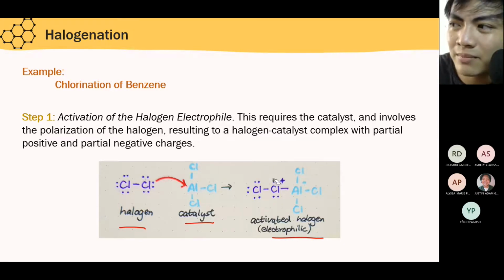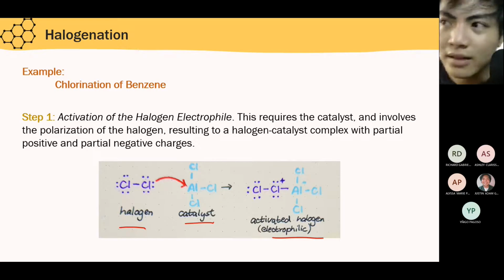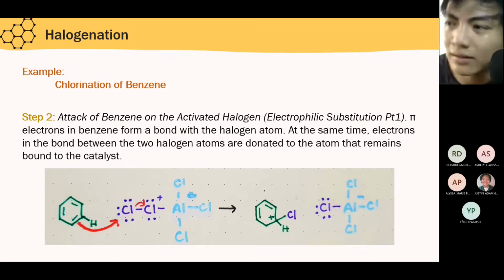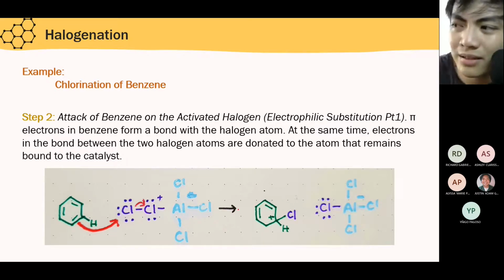So, that's the proper mechanism. So una, magkakaroon ng activation of electrophile, halogen electrophile. Pag na-activate na yan, doon na magkakaroon ng attack. So si benzene, aatakihin yung halogen electrophile natin, makukuha niya yung Cl. Okay? However, look at the product. Yung product ay hindi na siya benzene ring, natanggal yung aromaticity niya.